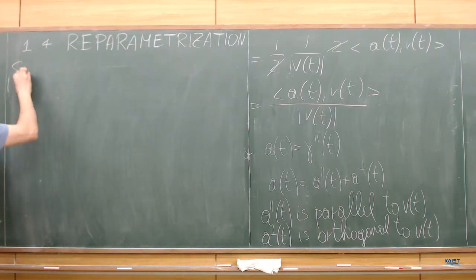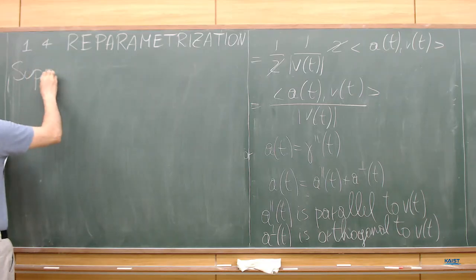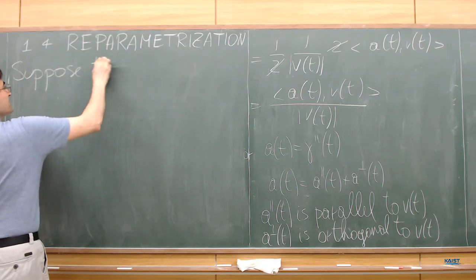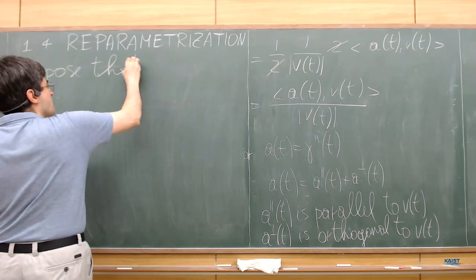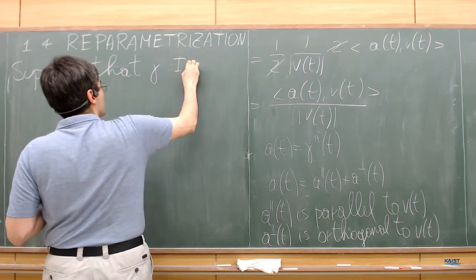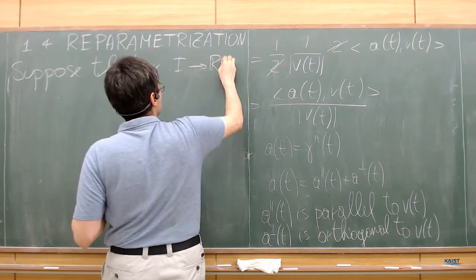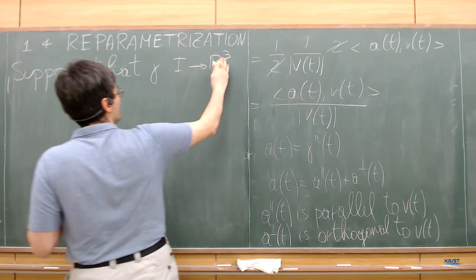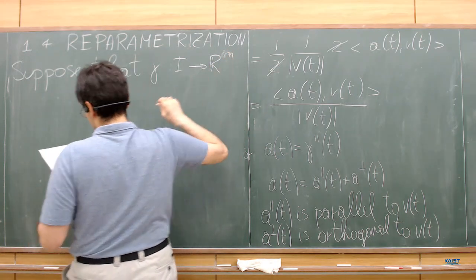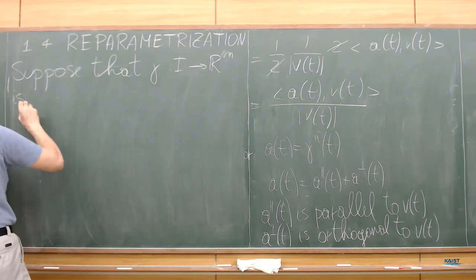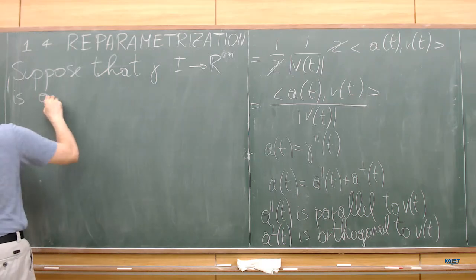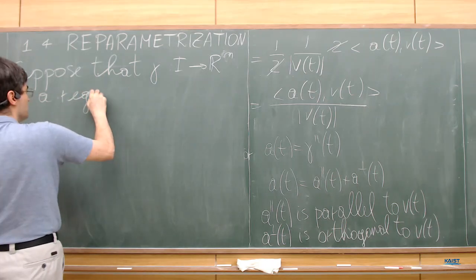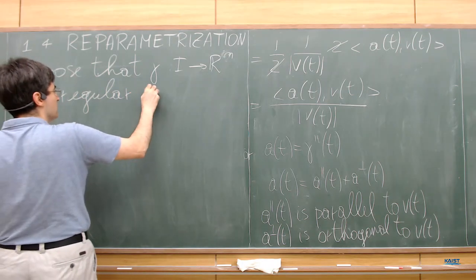Okay, suppose as usual that gamma defined on I with values in R3, sorry, in Rn, is a regular curve.